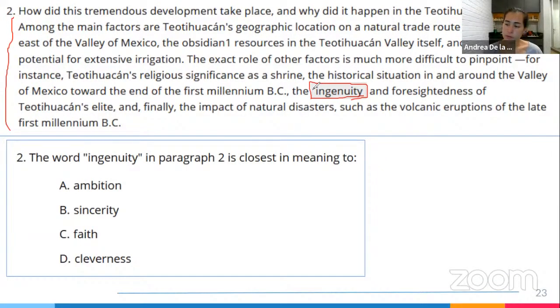What's this paragraph about? What's the main idea? Can anyone tell me what the main idea of the paragraph is?